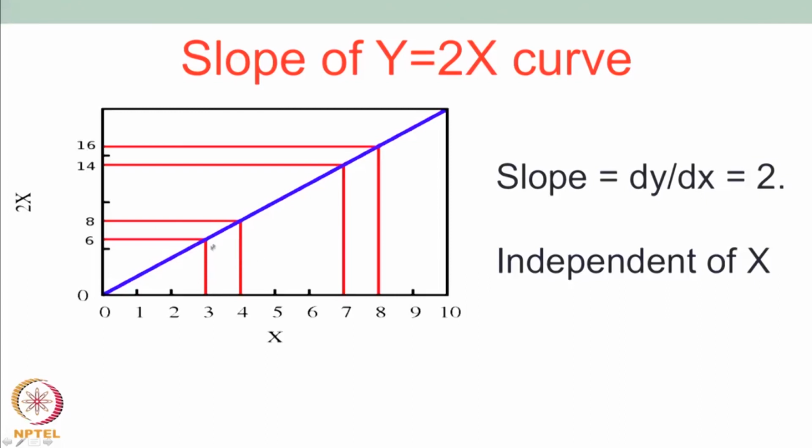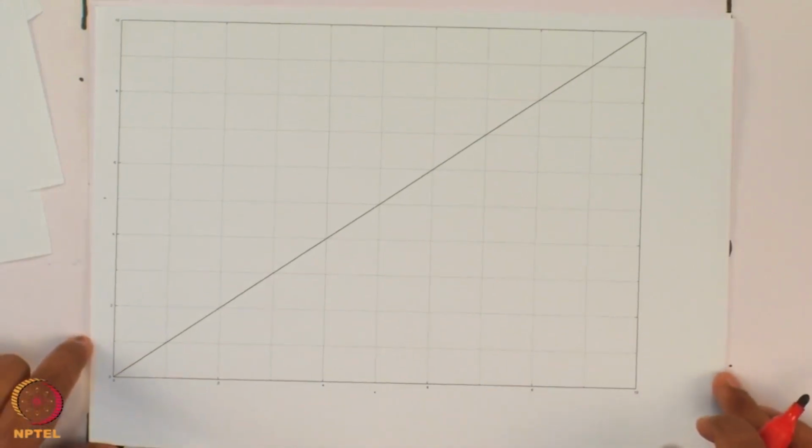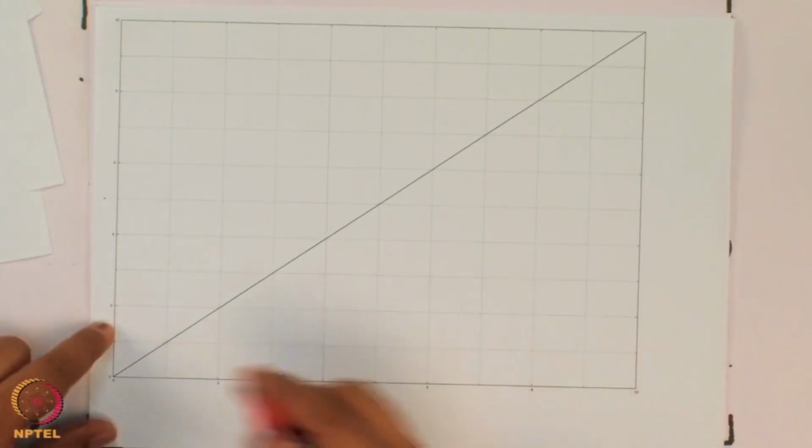Which of course also shows that the slope is independent of x. So that means if you calculate the slope here or here, you will get the same value. And I want you to understand this a little bit more carefully. So let us think of a graph a little more carefully. Consider this graph, which is a straight line. Now I am going to put some values here, which are slightly different from what is printed here.